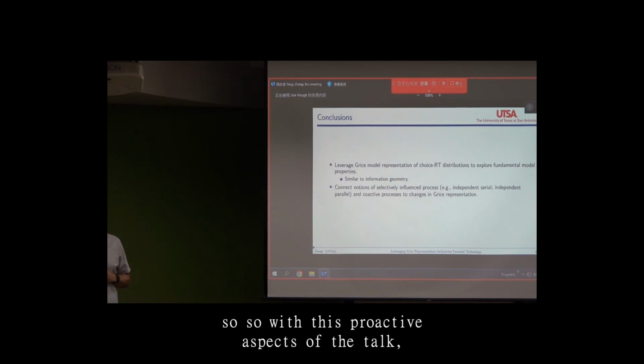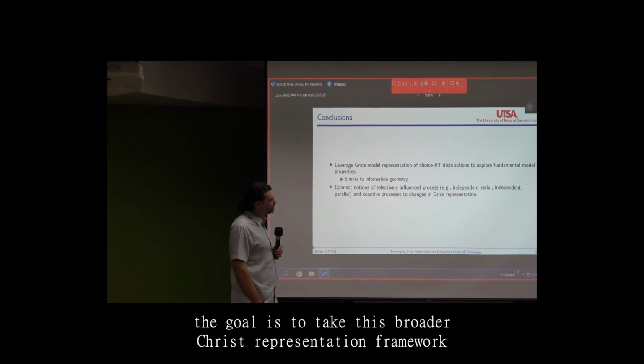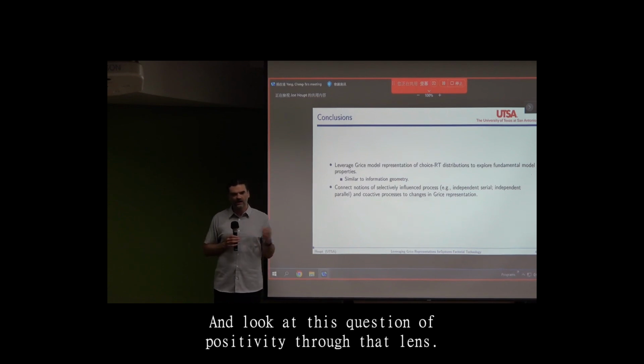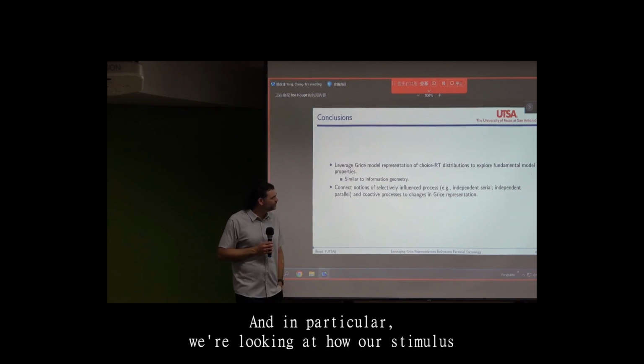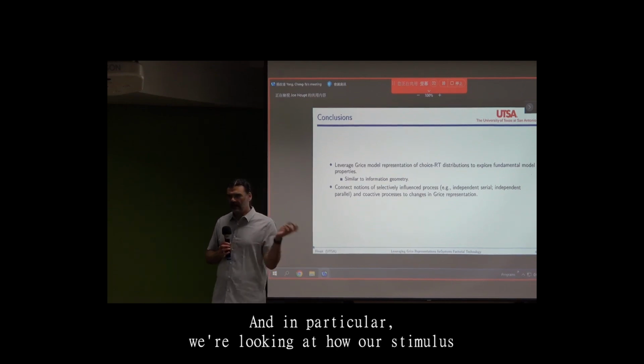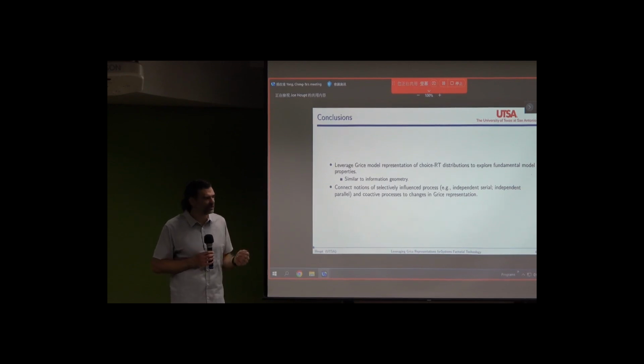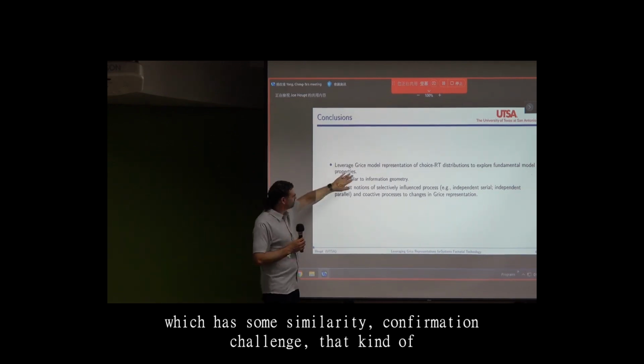with this coactive aspect of the talk, the goal is to take this broader Grice representation framework, which I highlighted some advantages of early on in the talk, and look at this question of coactivity through that lens. In particular, we're looking at how our stimulus changes influence changes in that representation space, which has some similarity to information geometry.